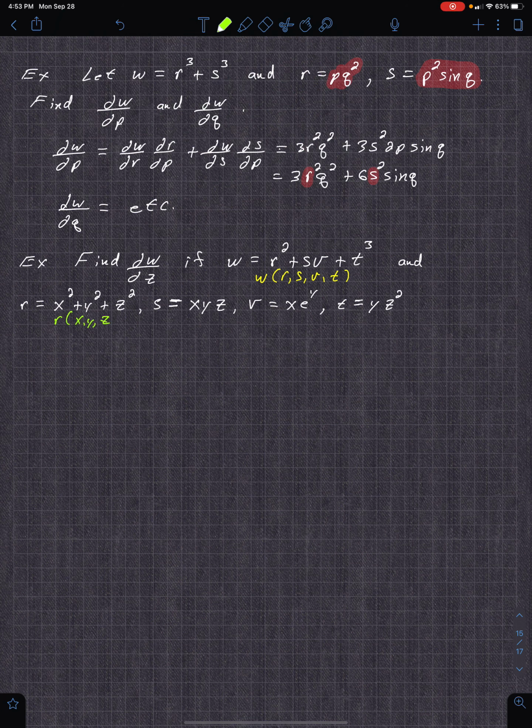They're all a function of x, y, z. S is a function of x, y, z, even if it's missing a term, it's still x, y, z. V is a function of x, y, z, and t is a function of x, y, z, like that. So that's what you are assuming, even though the variable is missing. But when you do the partial, you just end up doing that partial.